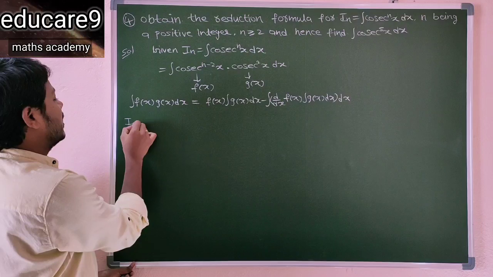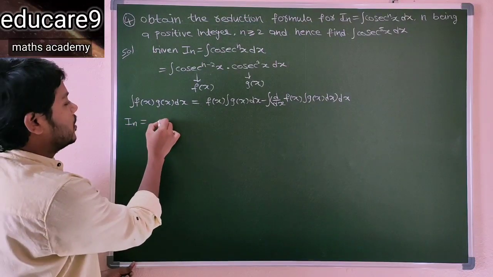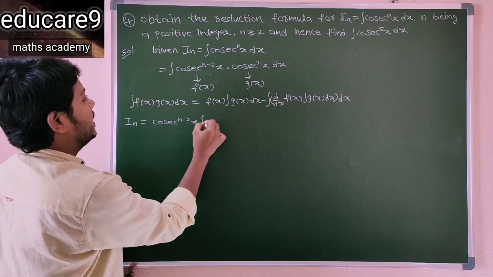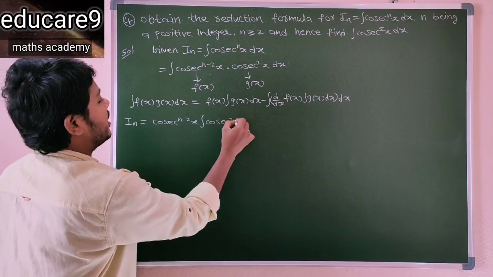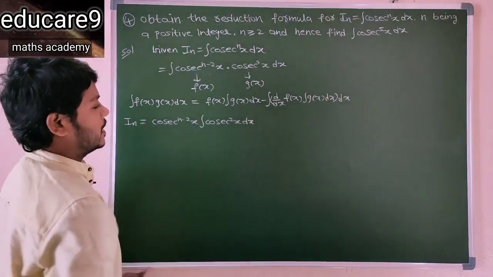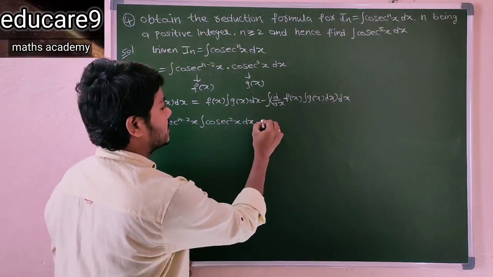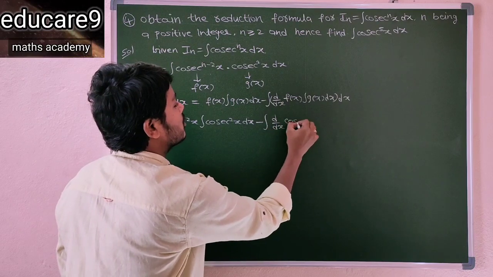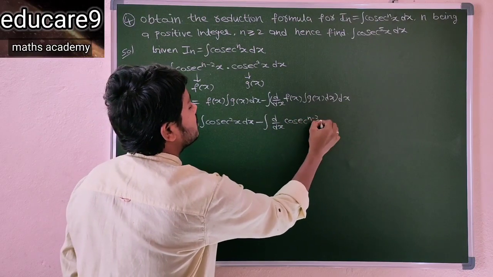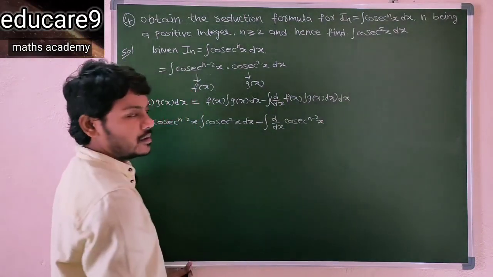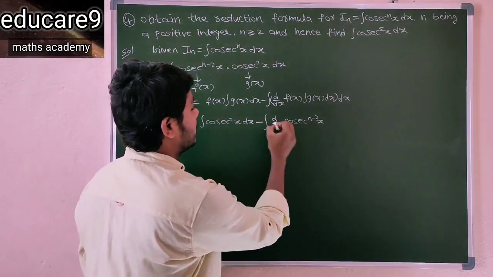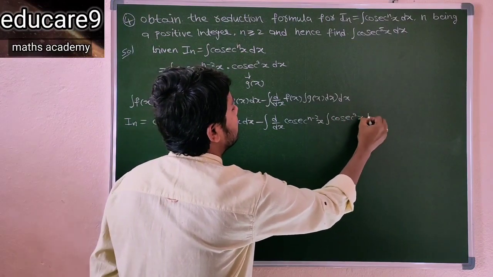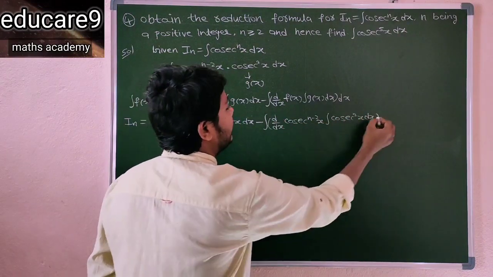Therefore In is equal to cosec power n minus 2x integration of cosec square x dx minus integration of d by dx of cosec power n minus 2x, into integration of cosec square x dx, whole dx.